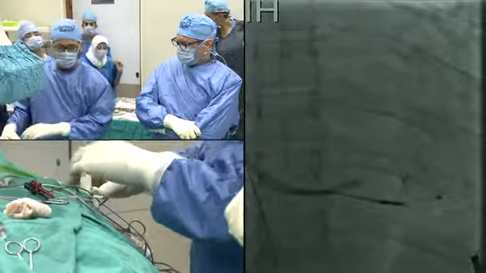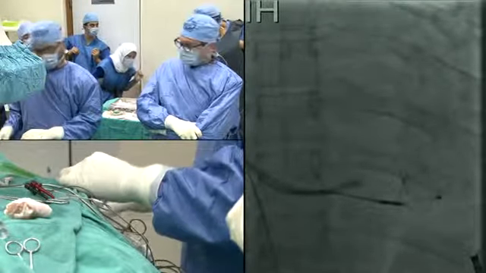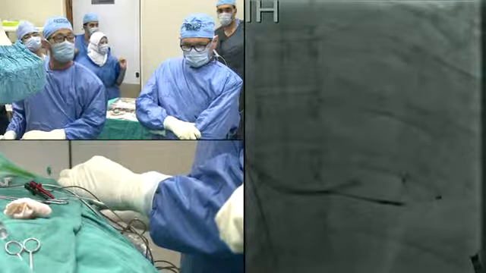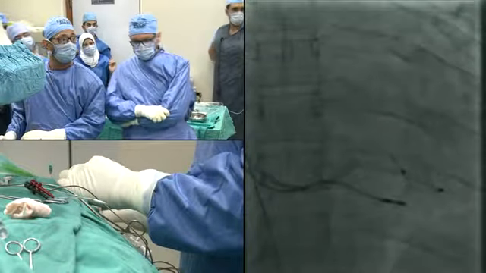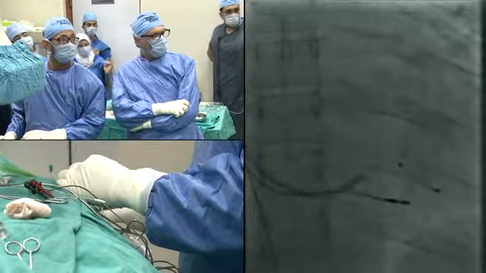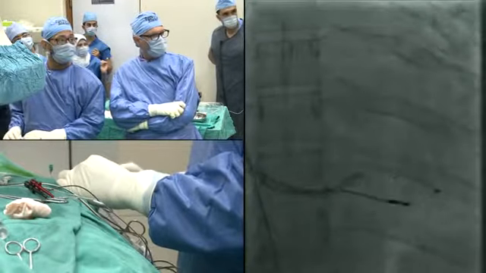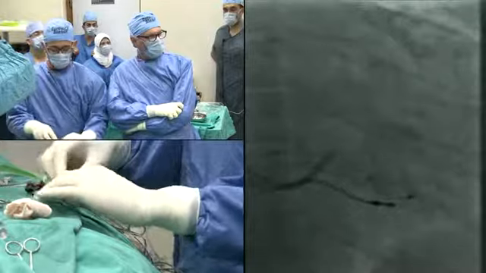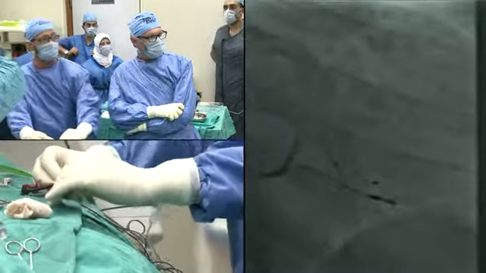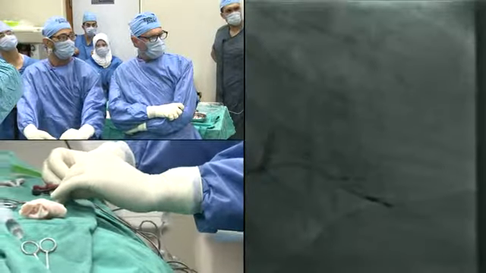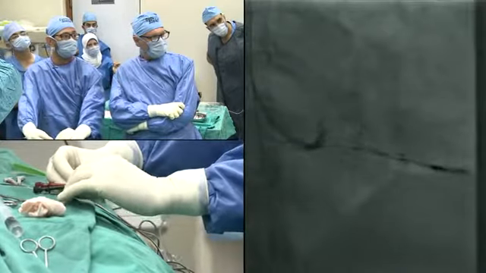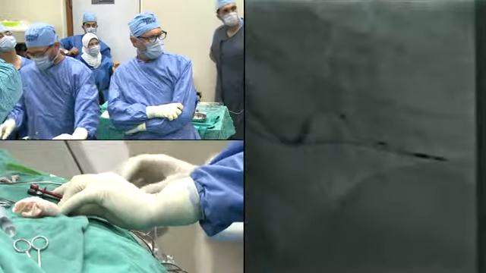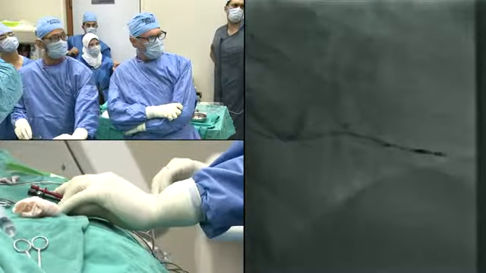It's usually very stable. There was a request to see the lead in LAO. RAO, please. I will try to advance in RAO view, but I have to avoid the apical position. I think more advancement will be near the apex.